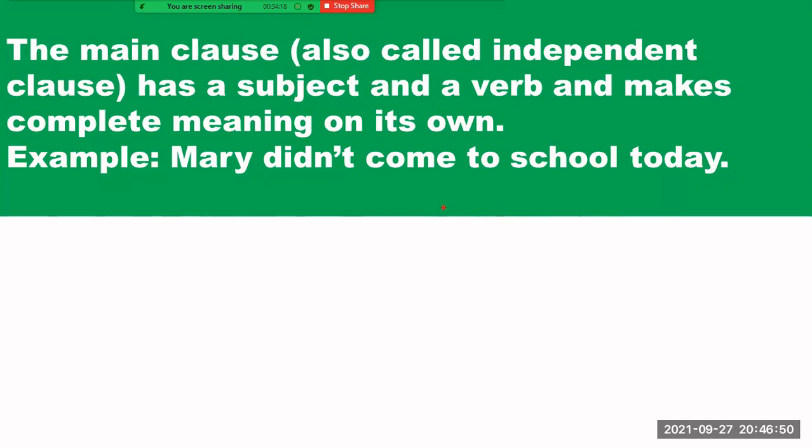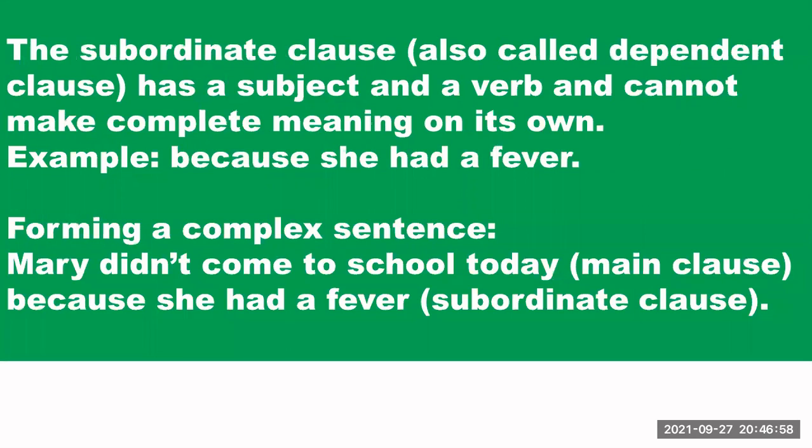Mary didn't come to school today. So it makes complete meaning. All right. So then the subordinate clause is called a dependent clause because it cannot stand on its own. Something independent can stand on its own. Something dependent cannot stand on its own.